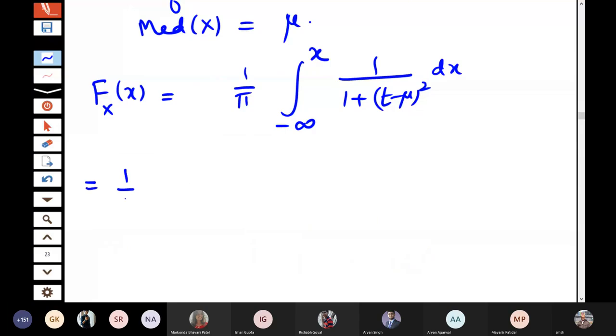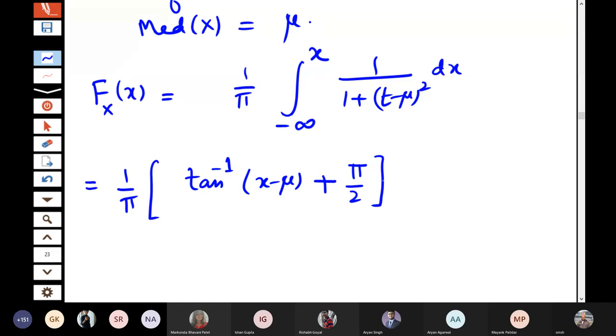So that is 1 by pi, tan inverse x minus mu, and at minus infinity this will become minus pi by 2, so it will become plus pi by 2.